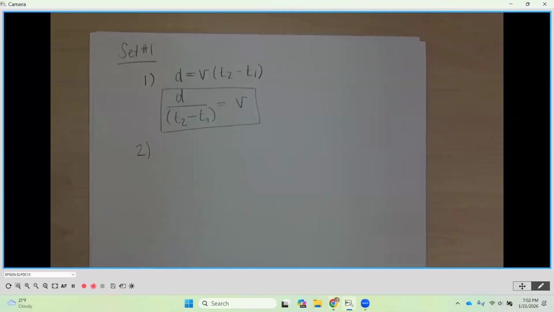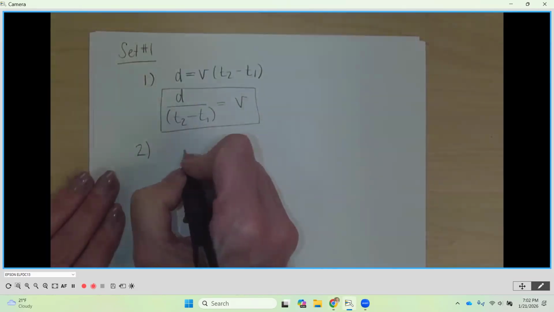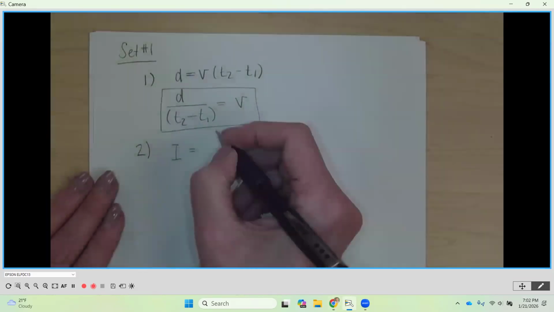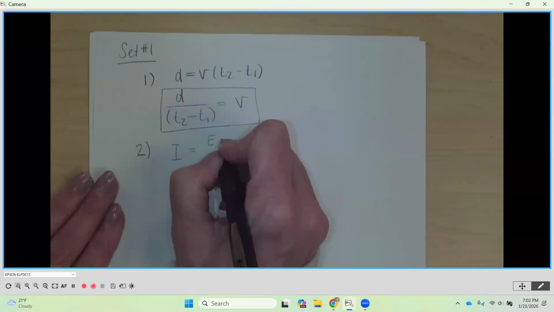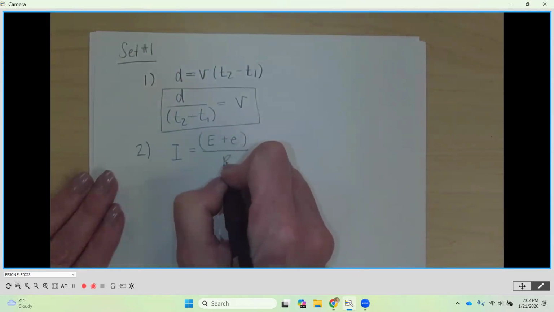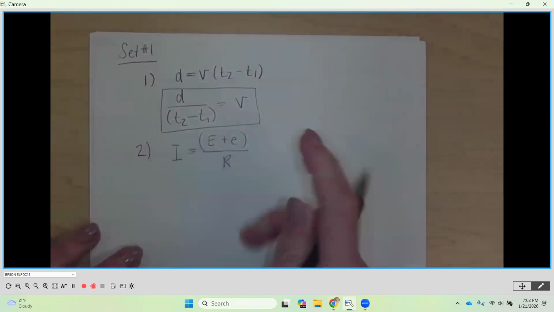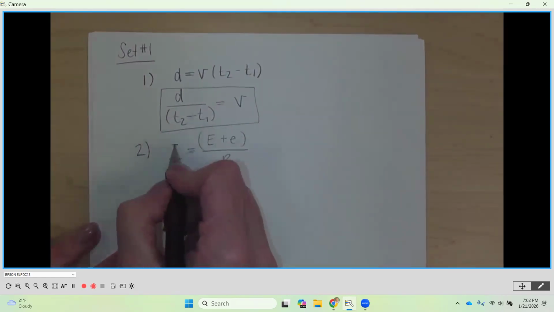So when we write this out, we want to do I is equal to E plus E divided by R. So up, down format. Don't do the slash. Then it's unclear whether this is on the top or the bottom, and we want to make sure we're getting our algebra right. So make sure you show it in the up, down format here.